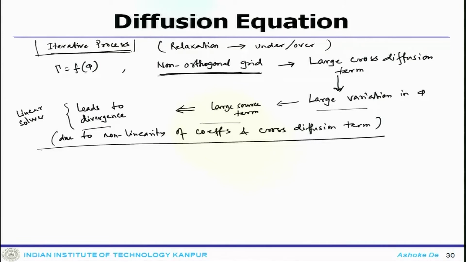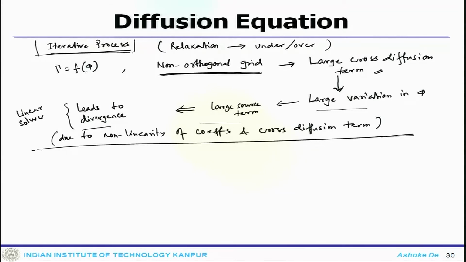When we talk about the linear solver, we will discuss it, but since some understanding of this kind of situation is required, we are doing a preliminary discussion here, so that you can appreciate what can happen in a non-orthogonal system, which leads to a large cross diffusion term and this kind of situation.